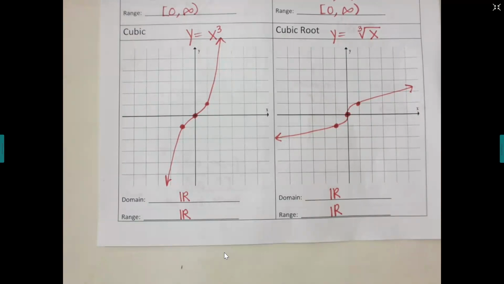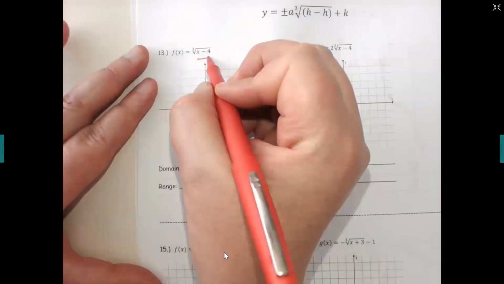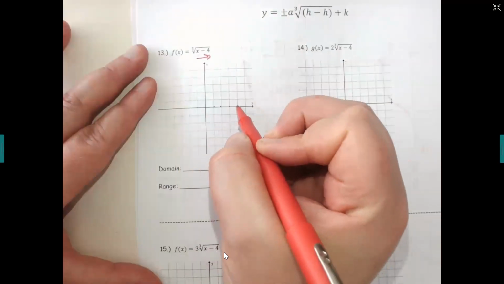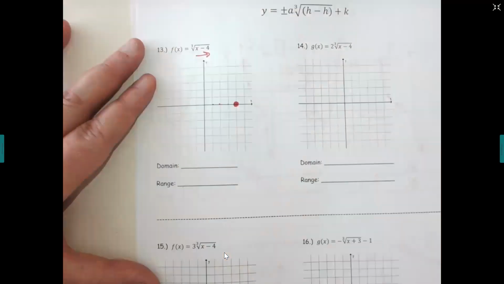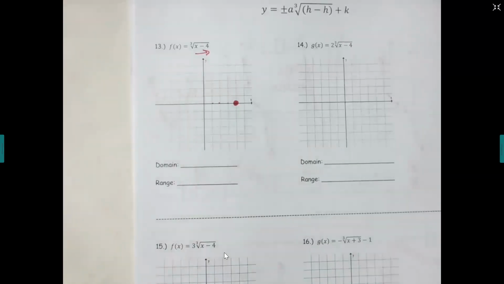Okay, so you're on the last page of today's notes, look at number 13. Tell me which direction we should move number 13. Right. To the right 4 is correct. So go to the right 4 boxes. So that'll be 1, 2, 3, 4. And now notice that for this one, why do I not move it up or down?